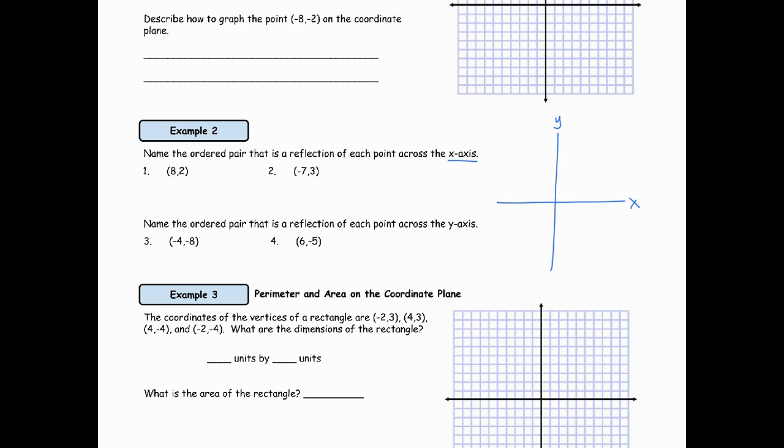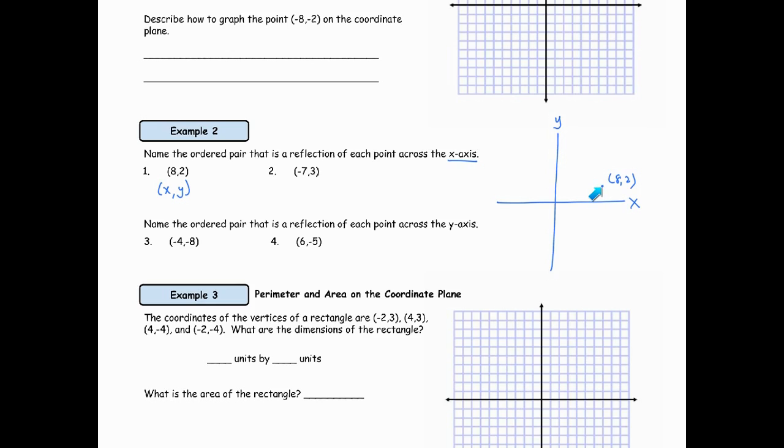Our first ordered pair is 8, 2. That means our x-coordinate is 8, our y-coordinate is 2. That means we start at the origin, we move right in the positive direction, and then up 2. That point is 8, 2. When you reflect across the x-axis, we need to figure out what is the reflection from our point down to the x-axis.